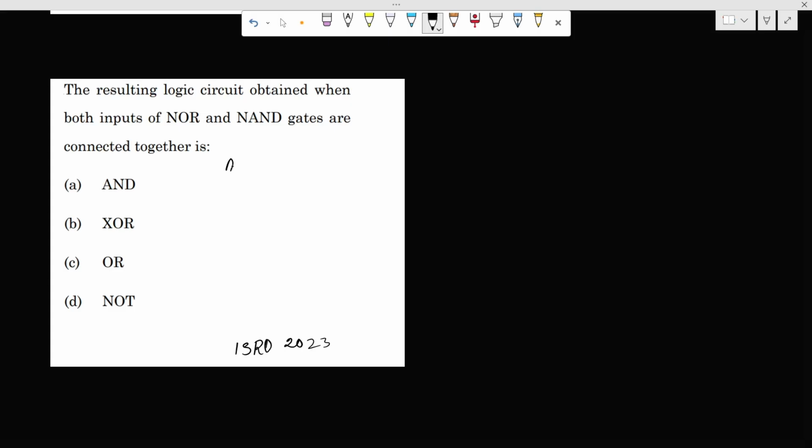It means if we have an input A in both terminals of the NAND and the NOR, both terminals are connected through one input. So what will this circuit be? Four options are mentioned, we have to find it.